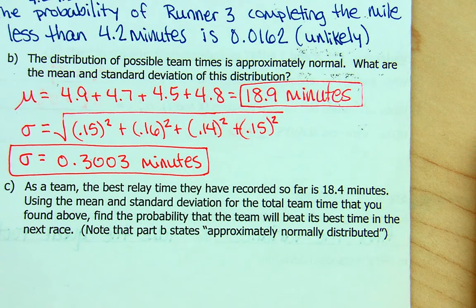Any questions on that part, and how to get mean and standard deviation from a list of information?